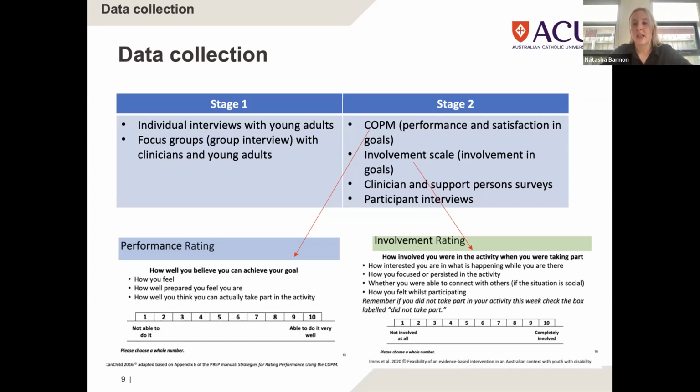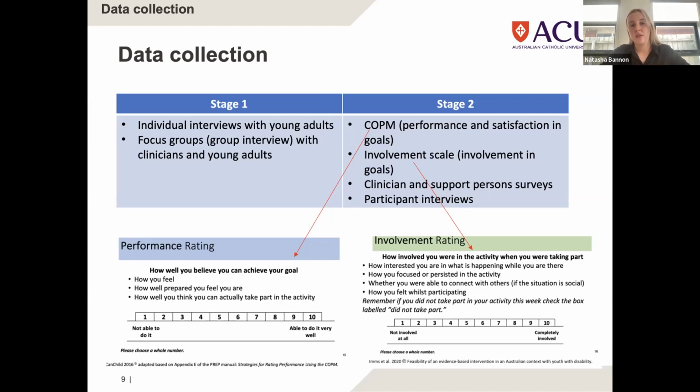We then had our study-specific surveys. So there were 2 different surveys, one for the service providers who implemented PrEP, and then one for the nominated support people, as we mentioned earlier. And these surveys were anonymous in nature. And then lastly, in stage 2, we had participant interviews. These were completed at the end of PrEP and included broader, semi-structured interview questions, which aim to gain additional perspectives and insights regarding their experiences during PrEP.